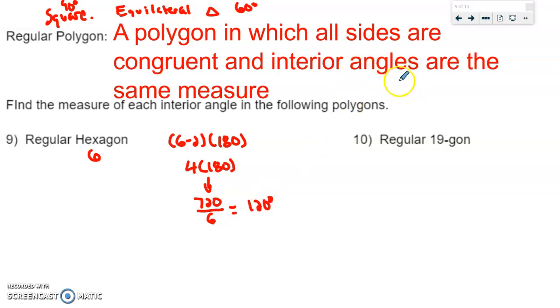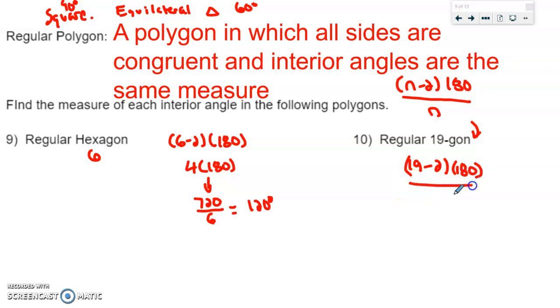So if you guys want a formula to help you out with this, it's n minus 2 times 180 divided by the number of sides. Okay? So if I look at this one right here, a 19-sided figure, I do 19 minus 2 times 180, and divide it by 19.